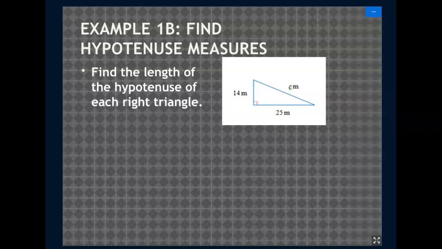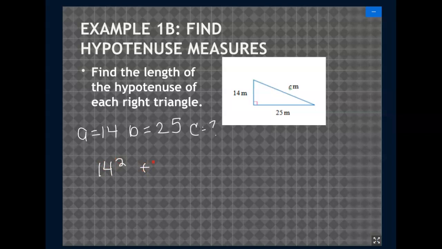So similarly, we're going to do the same thing with this example here. If you don't want to write down what A, B, and C are, because you can do that more mentally, that's fine. So if it helps you, you can put A is 14, B is 25, and C is what we're looking for.